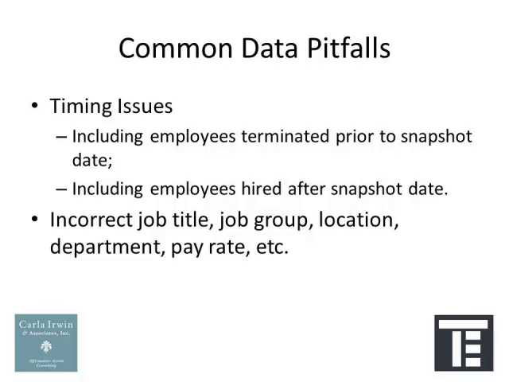If you try to create a snapshot file for December 31st, but you pull the data in February or March, then you have more of an issue here because there's been time for these characteristics to change. So from my perspective, the data pitfalls really come down to the timing of when you create that snapshot file, what the snapshot date is, and making sure that you have the people and their characteristics as of that date.